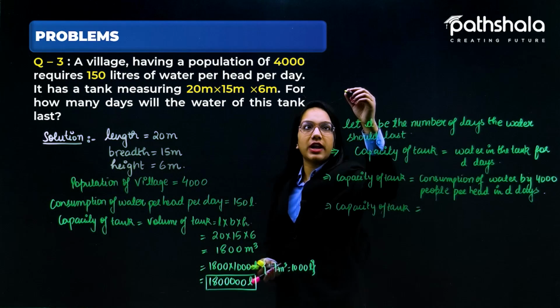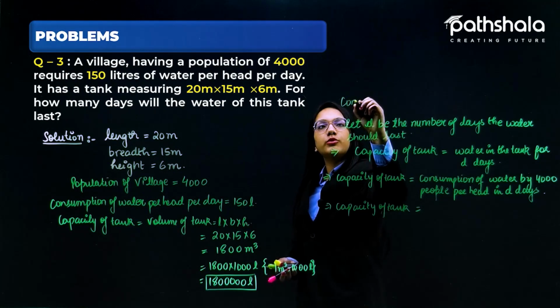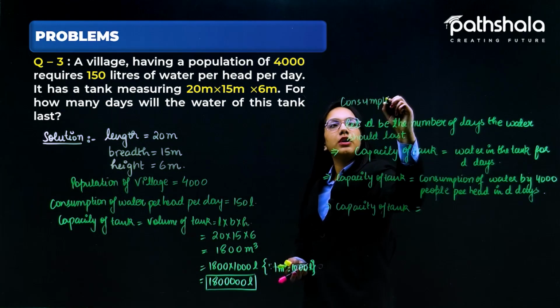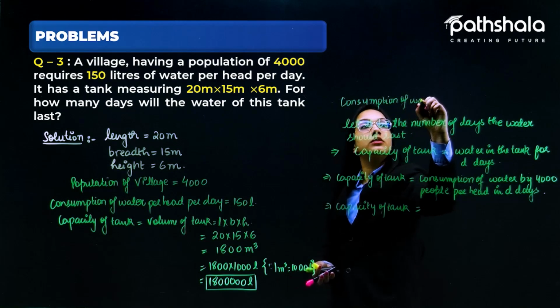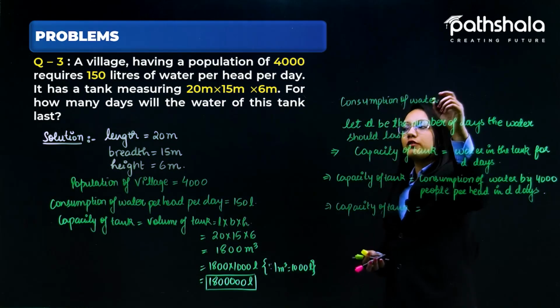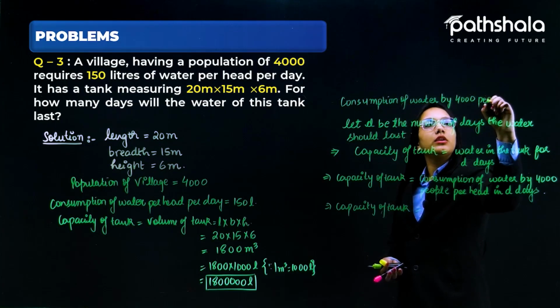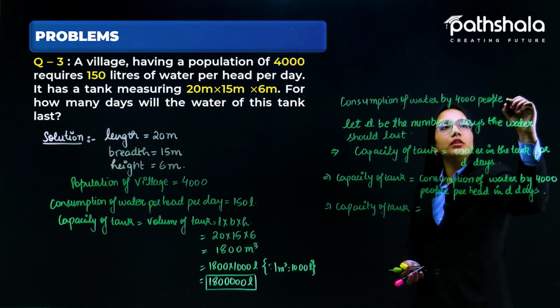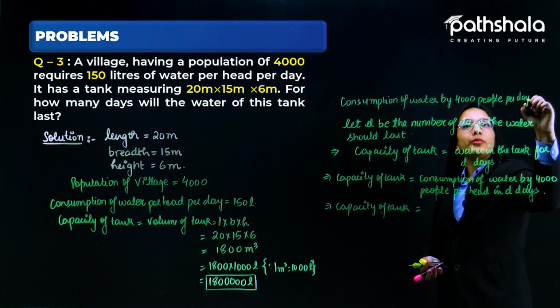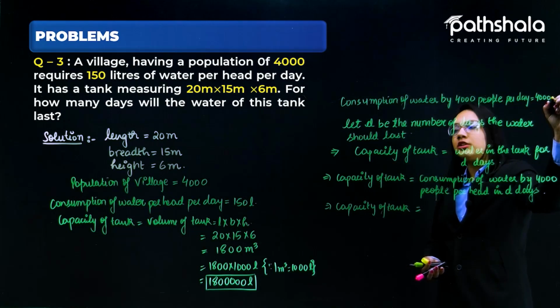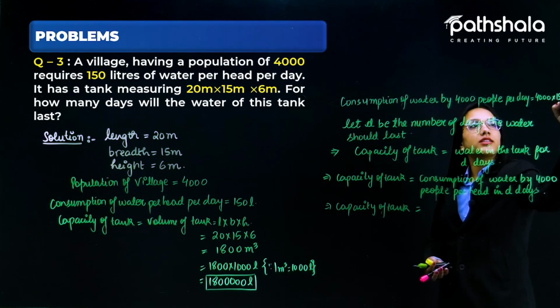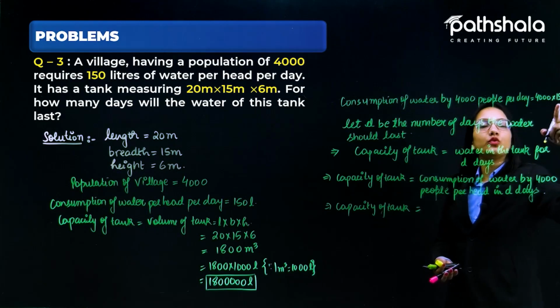Let us write over here that the consumption of water by 4,000 people per day should be equal to 4,000 into 150.